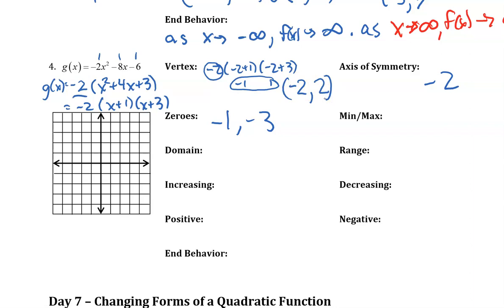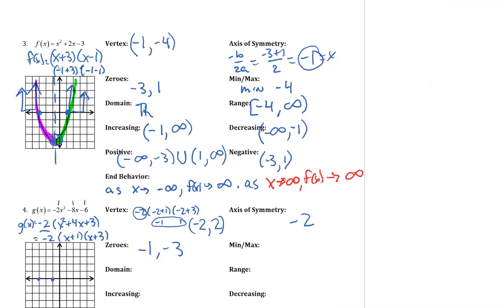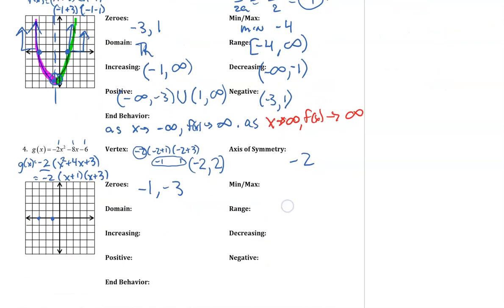And our zeros. So we plot our zeros at negative 3 and negative 1. So at negative 2, we'll plot positive 2 for y. And then that is our max, as we see. g of x equals 2.